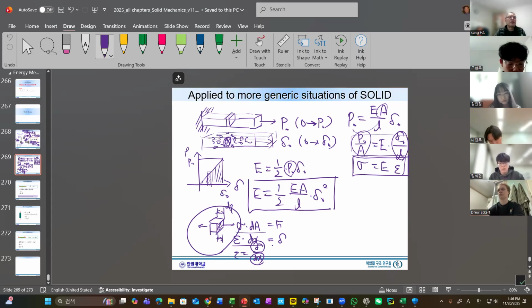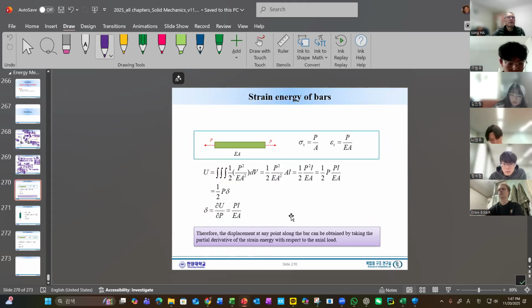So applying this concept, by definition, the small amount of force will be the stress times dA and the strain times dx. That's what we were saying here.